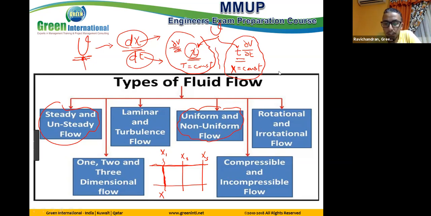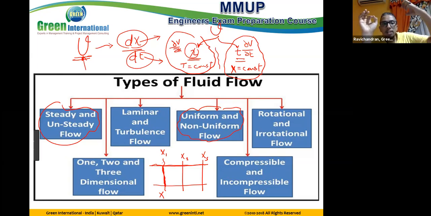Rotational and irrotational flow. This is mainly for the particle itself, the particle of the flow. If the particle itself is rotated along its axis while the flow is moving, whatever the movement is, even straight, we focus on the particle.